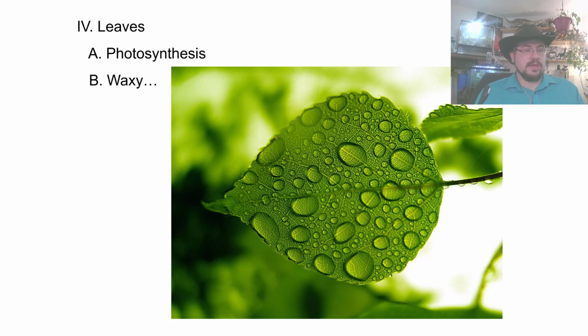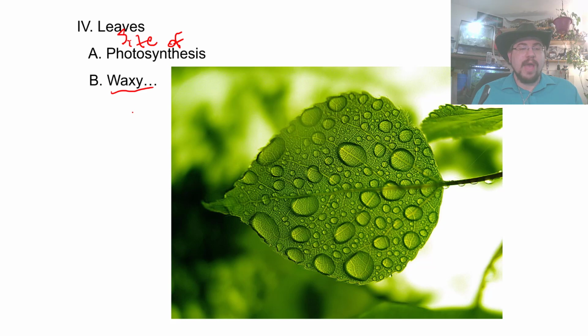All right, so focusing on the stem modification that is the leaf. The leaf is the primary site of photosynthesis, and because it has to do a bunch of gas exchange, it's prone to evapotranspiration, so we have some protection for it in the form of a waxy cuticle.